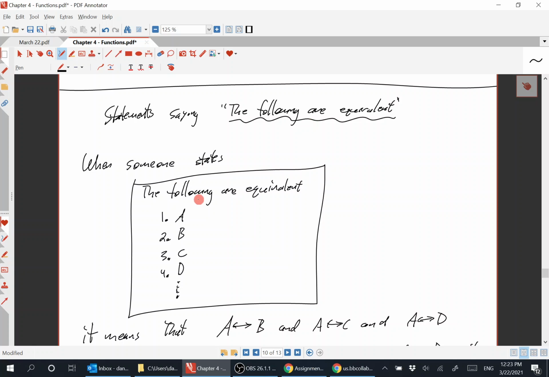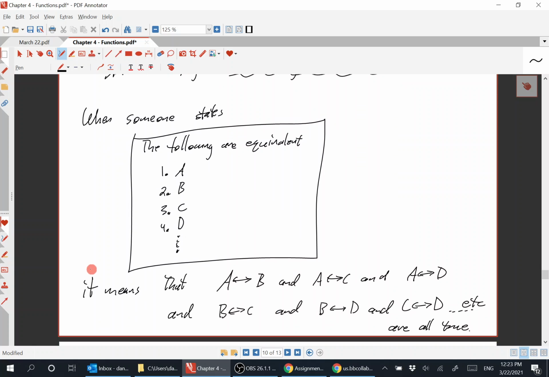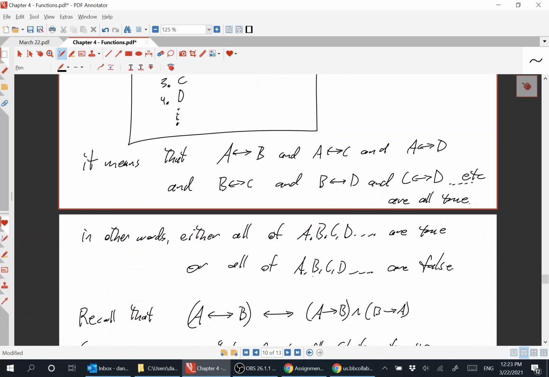When someone states the following are equivalent, and then they list out 3, 4, 5 things, it means that either all of them are true, or all of them are false. All true or all false. In other words, A is logically equivalent to B, A is logically equivalent to C, A is logically equivalent to D, B logically equivalent to C, and so on and so forth.